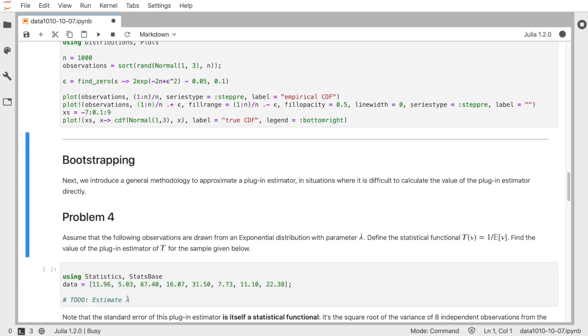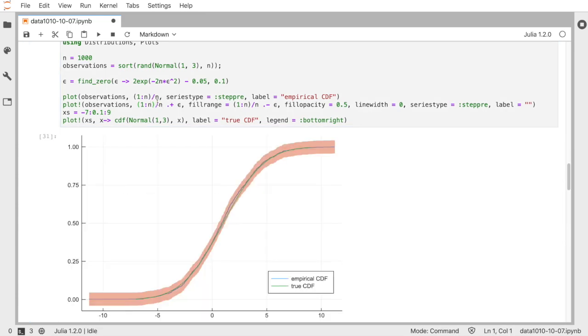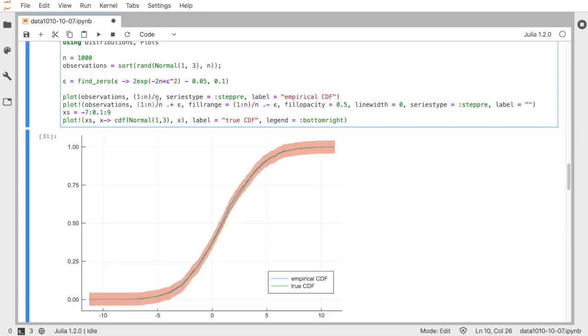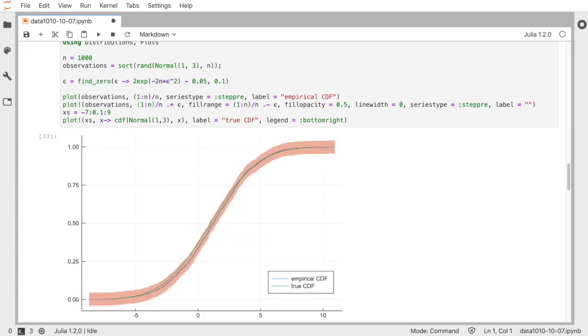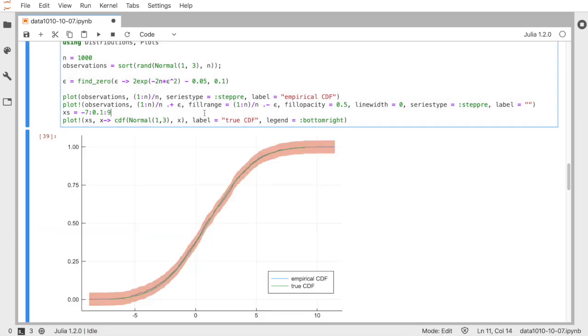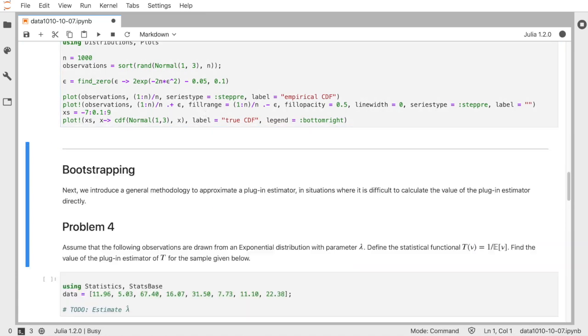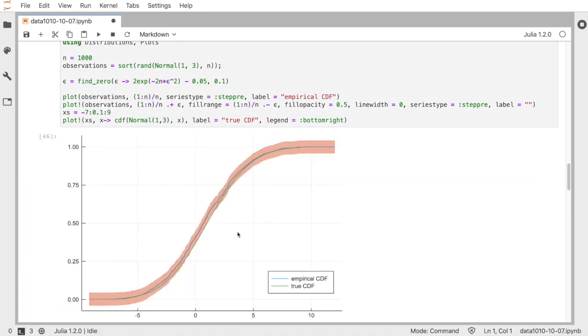So on average, you have to try it 20 times in order to see the true CDF fall outside this band. It gets pretty close there too. Really close there. It's almost touching right around this point. Okay, finally.